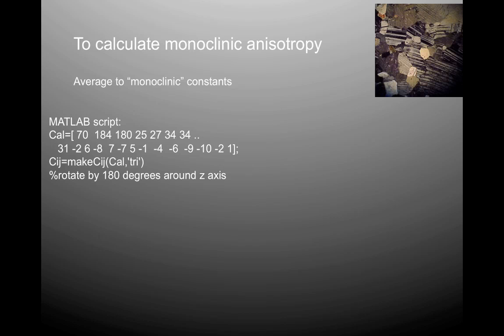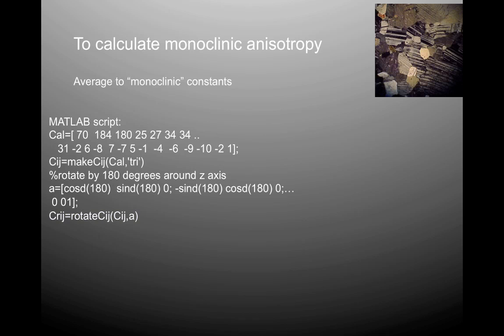The C-axis and the Z-axis are only a few degrees apart, so I'm going to just substitute a simpler rotation about the Z-axis. So here's a Z-axis rotation. It has three lines. Whoops, I'm missing a space between a 0 and 1 in the last line there. Now we get rotated elastic constants by taking that transformation matrix and operating on Cij.